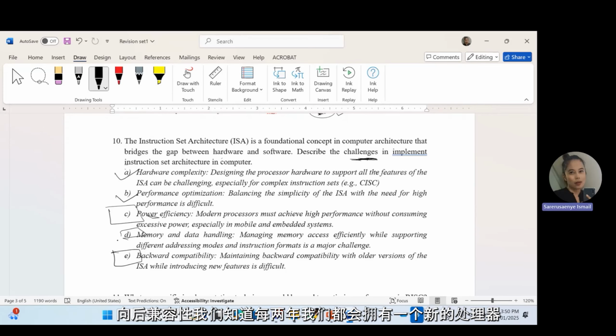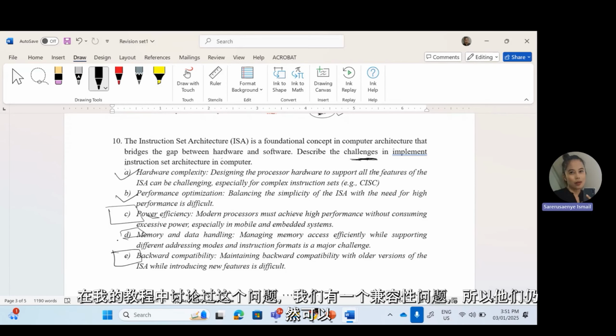We understand that every 2 years we want a new processor. So the company or manufacturer tries to update the version. Maybe I can give an example: it involves the older version formats, and for the new format, how they go about adding new features. That is basically backward compatibility, the actual issue on compatibility. I did talk about this during my tutorial, when we have a compatibility issue.